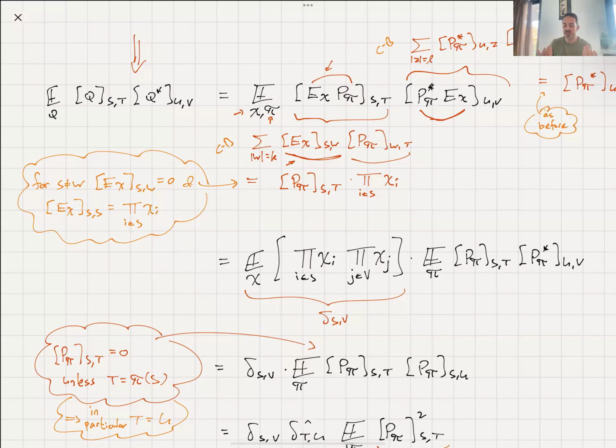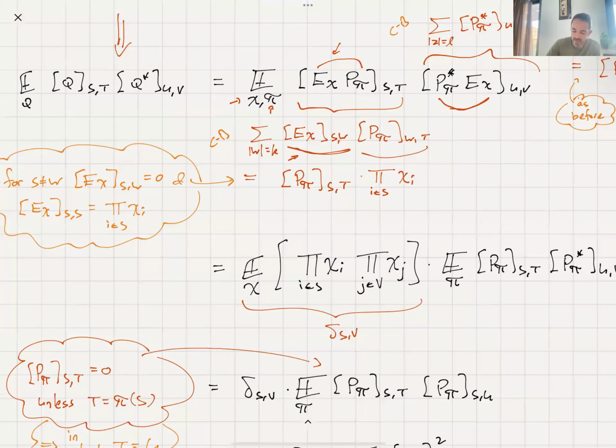So maybe you sum over all W, but really W has to be equal to S. So what you're left with is just the product of chi i over S, because you just take the product of the diagonal, and the diagonal is encoded as chi. And the P pi of WT, well, now W is only S, so it's the ST minor of P pi.